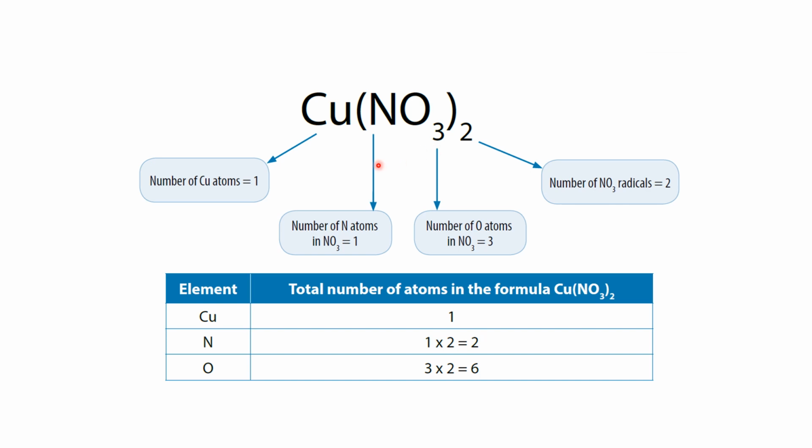Since there are 2 nitrate radicals in the formula, the total number of nitrogen atoms is 1 times 2, which gives you 2 nitrogen atoms. Likewise, the total number of oxygen atoms is 3 times 2, which gives you 6 oxygen atoms.